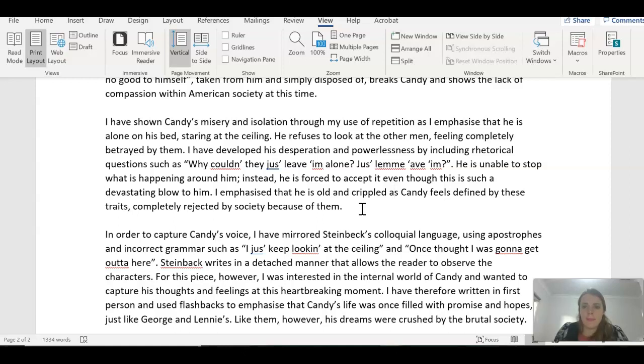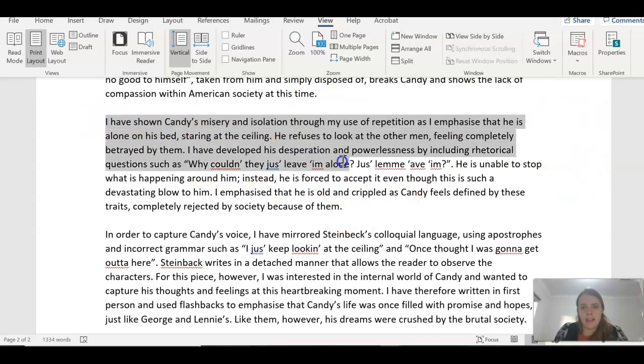Just let me have him. He is unable to stop what is happening around him. Instead, he is forced to accept it, even though this is such a devastating blow to him. I emphasize that he is old and crippled, as Candy feels defined by these traits, completely rejected by society because of them.